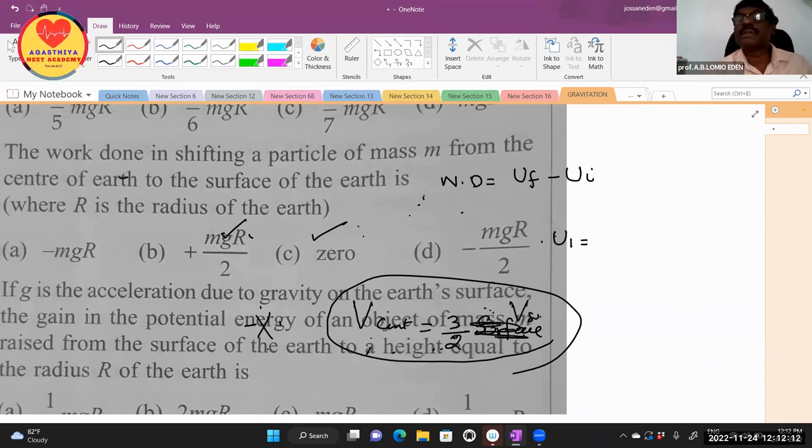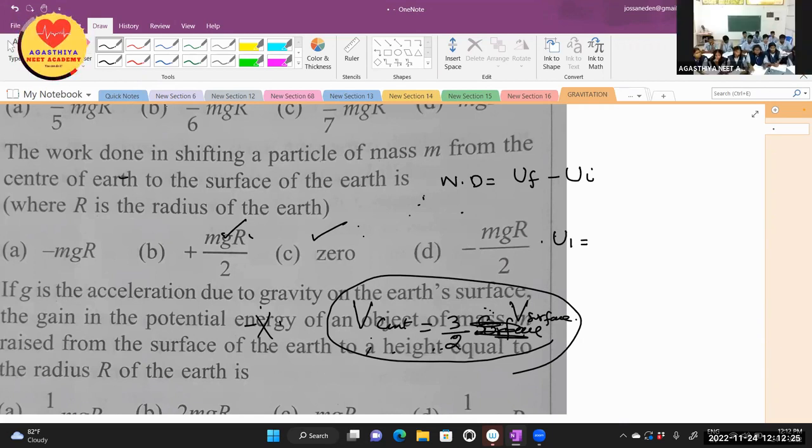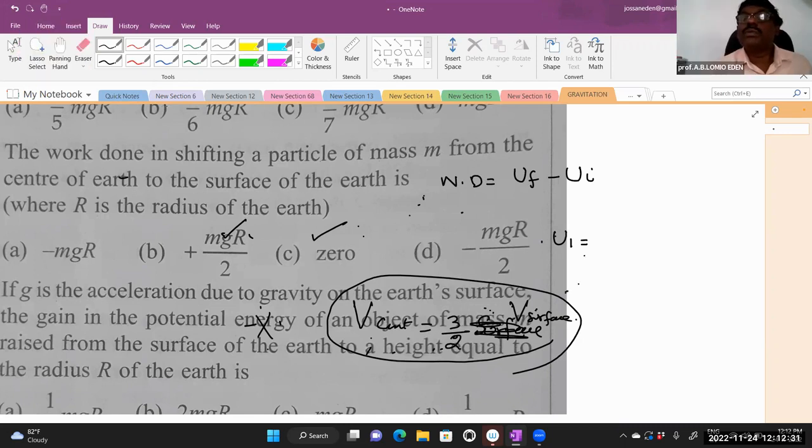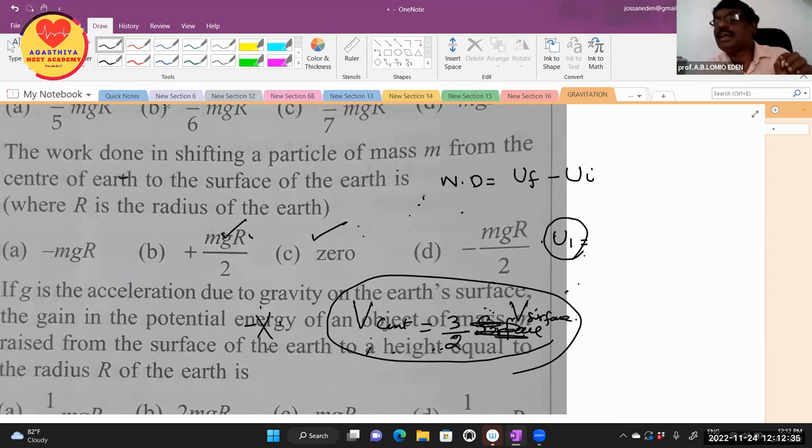Using this relation, we can calculate the gravitational potential. Sorry, the sound is coming from outside. Now, U1 is related to the gravitational potential with respect to the center of the earth.